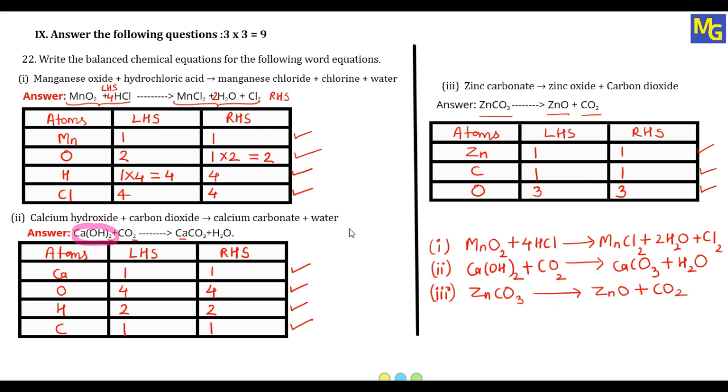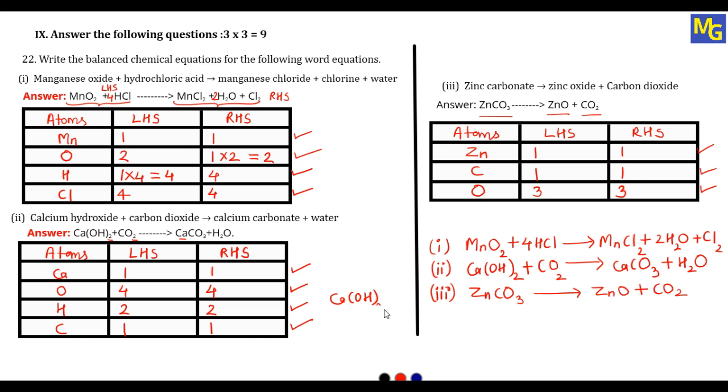Already we have studied in our earlier classes 9th standard how to write this formula. You should know the oxidation number of each ion. If you know the oxidation number, then easily you can write the formula. For example, I will show you one how to write the formula. We will take Ca(OH)2.